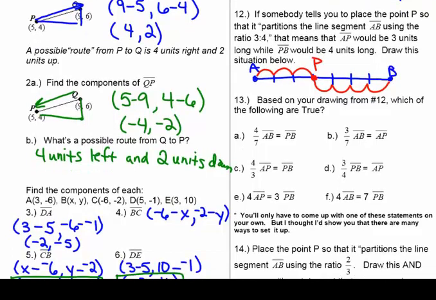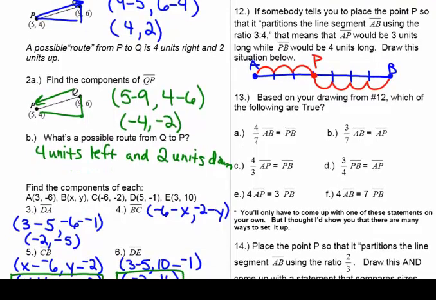Based on your drawing from number 12, which of the following are true? So if I multiply 4/7 times AB, remember that AB was 7 units, so I'm going to get a 4 when I multiply that. And PB is 4 units, so that one is correct.